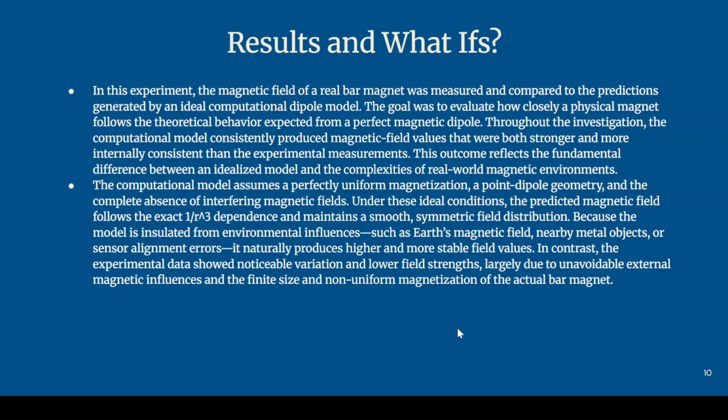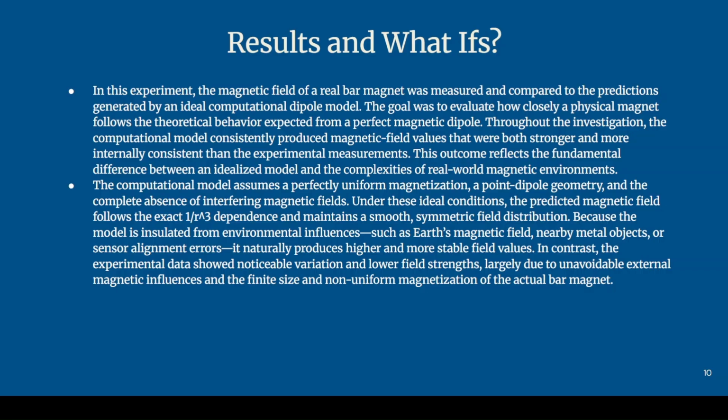So in this experiment, the magnetic field of the bar magnet was predicted almost the same as the physical magnet in our investigation, but it was stronger. Maybe I blame my own coding, but it was probably going to be stronger considering that there were some negligible magnetic forces that we had to face.